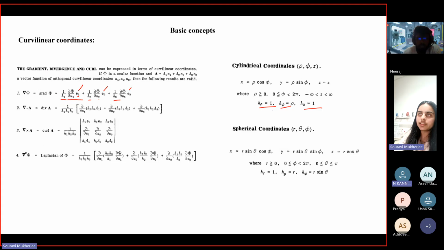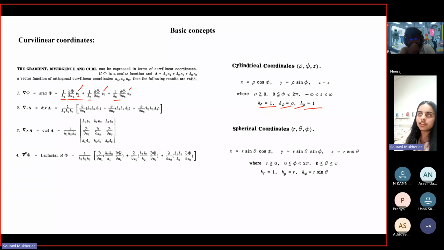Then you put 1 by h2, which is rho here, and then you have del phi again and phi cap, right? Similarly, for z, h3 is 1, so you have del phi del z, z cap, right?